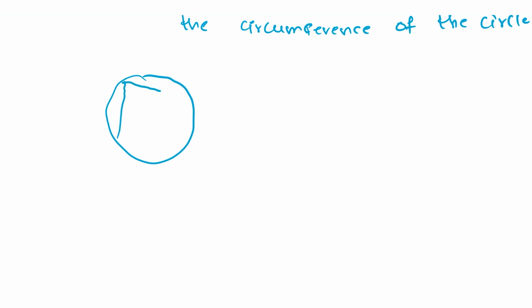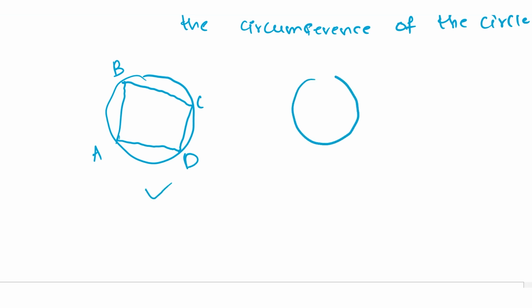So it could be any shape, but we should make sure that the vertices lie on the circle. ABCD, this is a cyclic quadrilateral. Let's say the center is this. PQR, is this a cyclic quadrilateral?